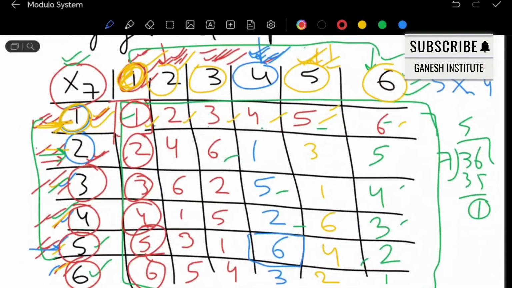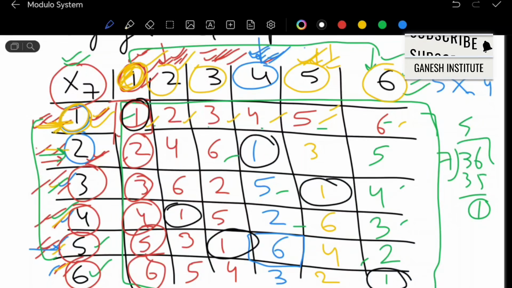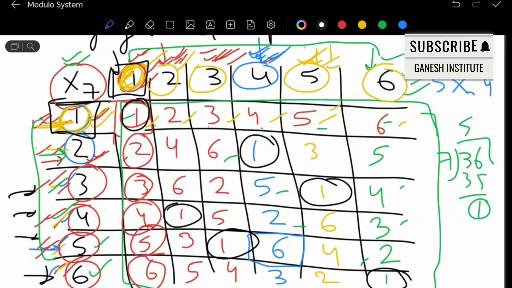So that means from the table, here is the identity element, here is the identity element, identity element, identity. Every single row or column has its identity element. So for 1, the inverse is 1 because it is giving me the identity element.